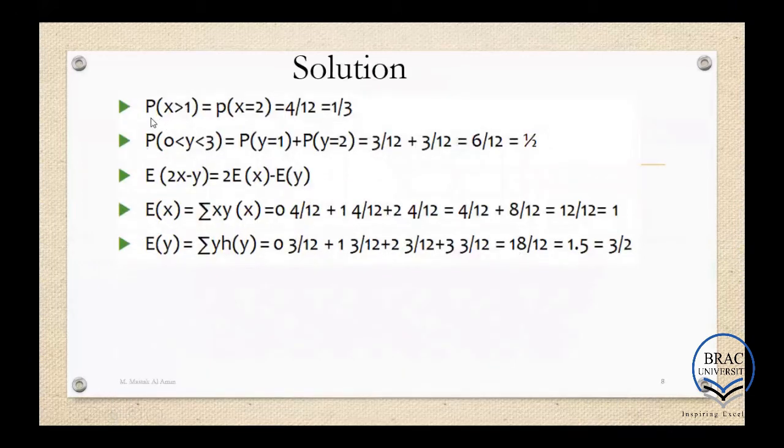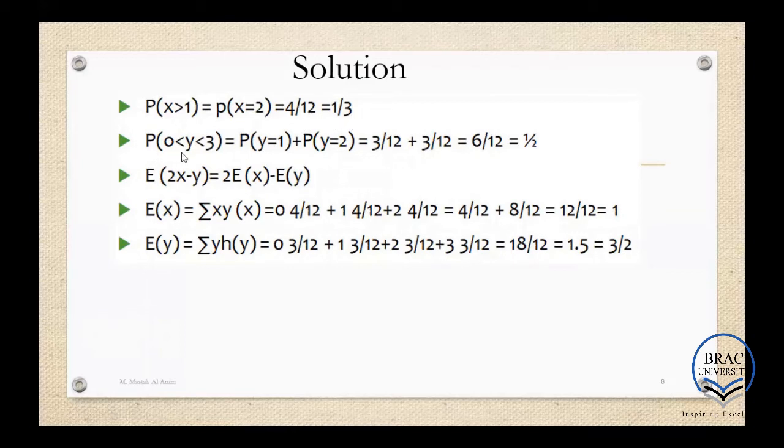The probability of x greater than 1 means only x equals 2, because x can take 0, 1 and 2, and this marginal probability value is given in the table.